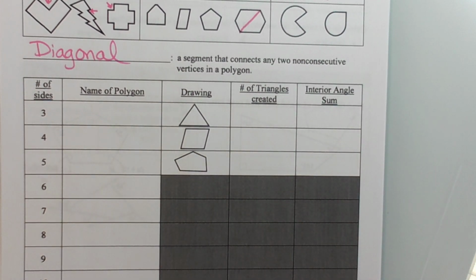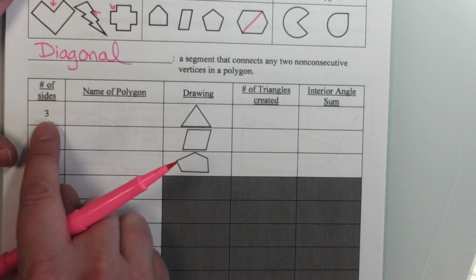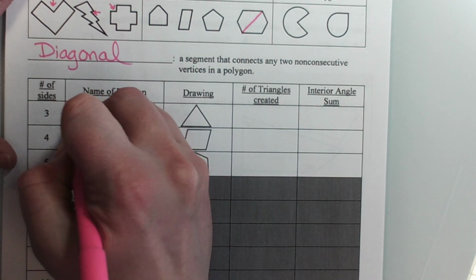So when it comes to our polygons, up until 12 sides, they all have specific names. Some of them you absolutely know. For example, a 3-sided polygon, a shape that's got 3 sides, is a triangle. You know that one.